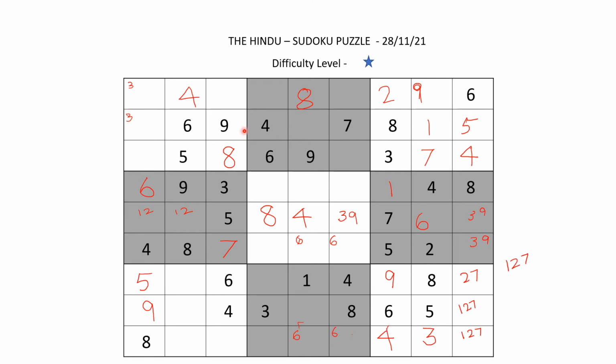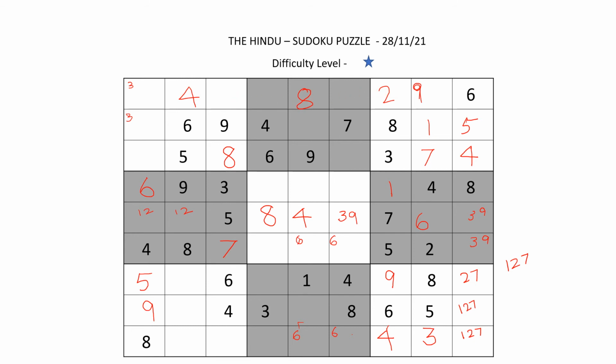Fine. Let's now consider this column. In this column, there are only 2 empty cells here and here. So leftover numbers are 1 and 2, right? So if you consider this cell, there is a 2 here. So this automatically obviously takes a 1.